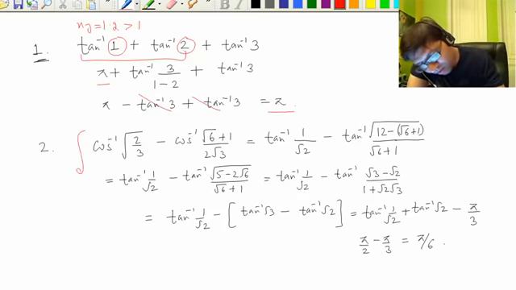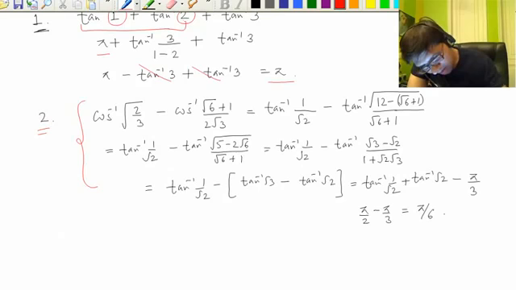Now see another question from the same category. Maybe the question number is wrong. Cos inverse root of 2 by 3 minus cos inverse of root 6 plus 1 over 2 root 3, right? One option, the easiest thing, is you can apply this formula, the cos formula.